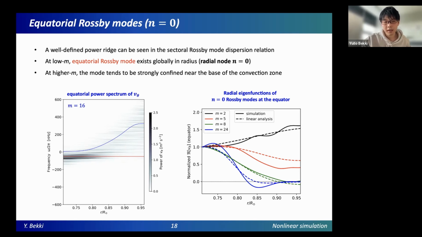So this can be explained in terms of the turbulent viscosity. But in this nonlinear calculation, the turbulent viscosity largely comes from the turbulent mixing of momentum and entropy.